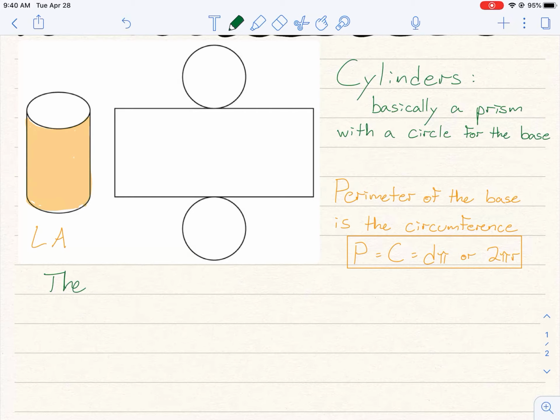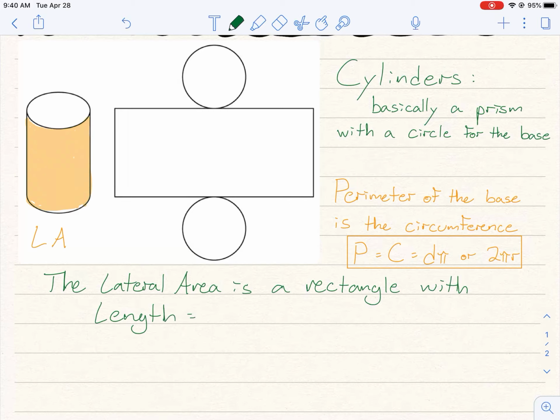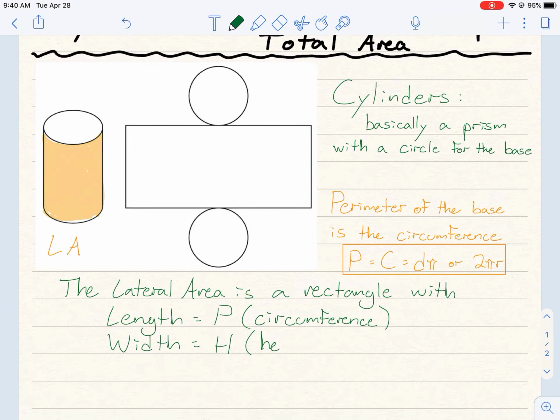Now, let's write that out. The lateral area is a rectangle with a length, which is equal to P, which we said was going to be the circumference, and a width, which is going to be the height of the cylinder.